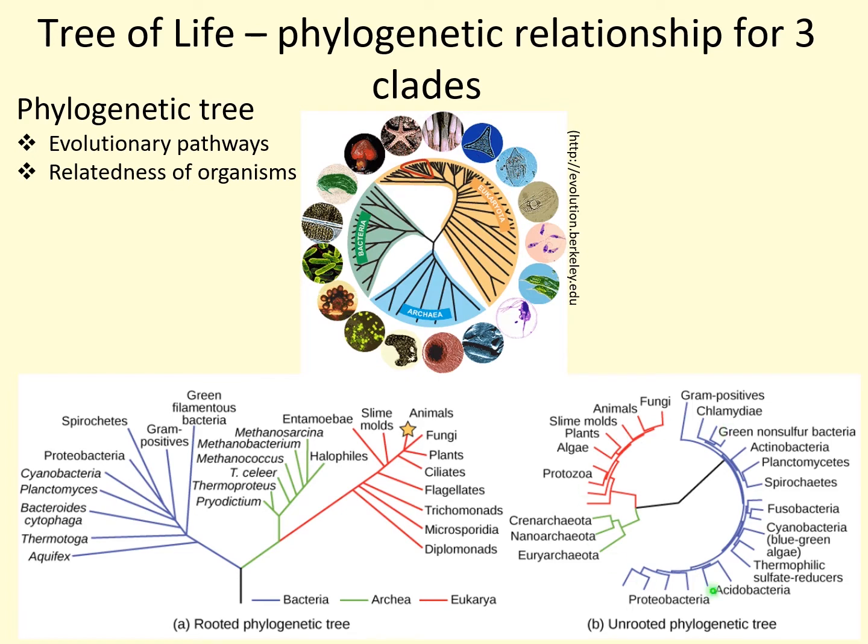Whereas in an unrooted tree, you're just looking at what they have in common. And this is how we're going to group them together. Okay? So we have a single ancestral lineage versus no common ancestors.